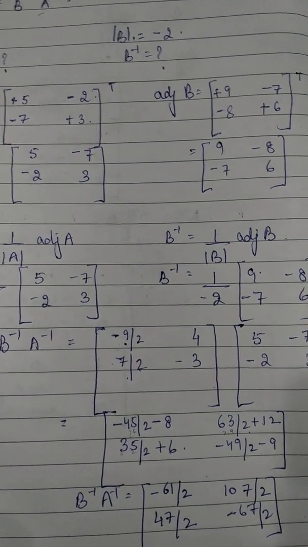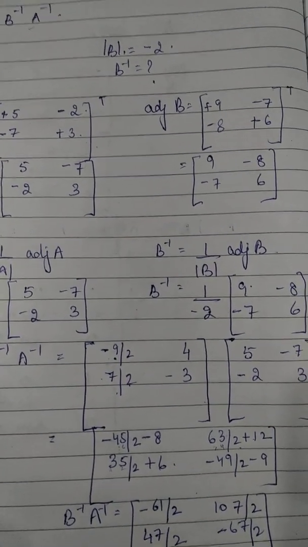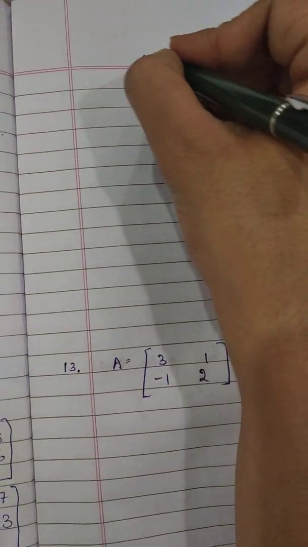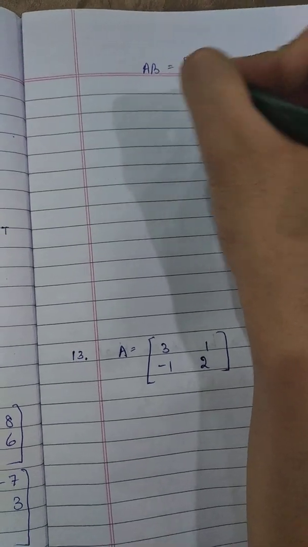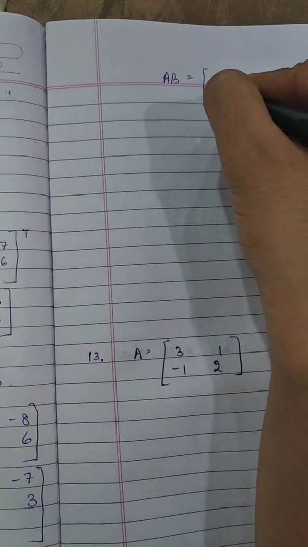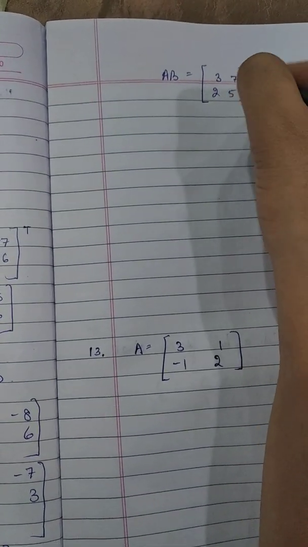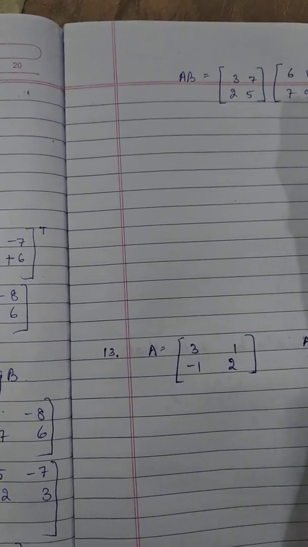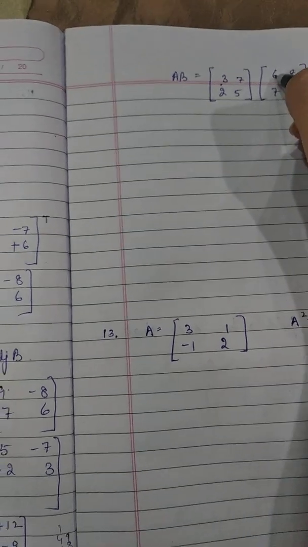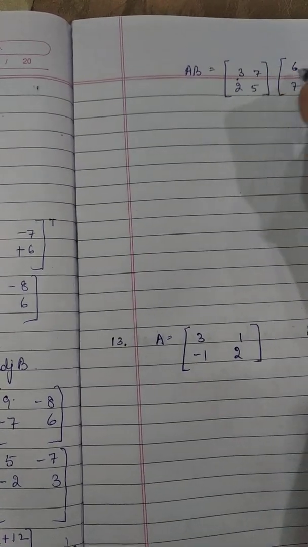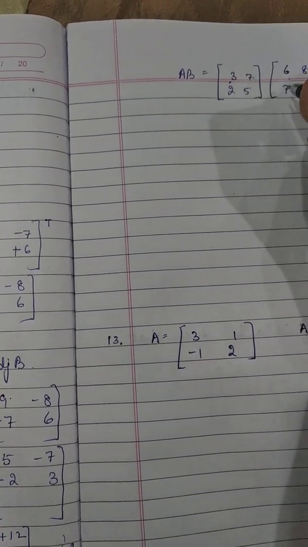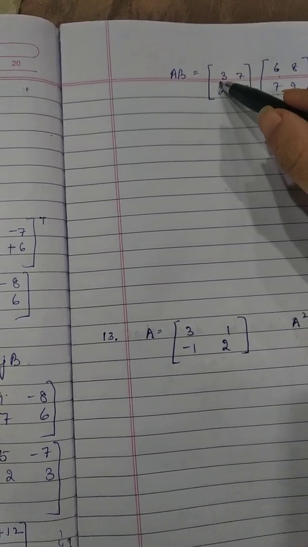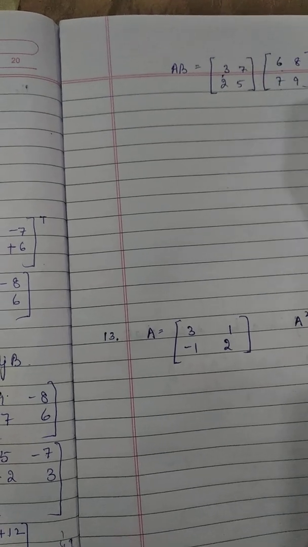Next we'll be finding AB inverse. For that we need to know AB. A is 3, 7, 2, 5, and B is 6, 8, 7, 9. So AB would be 3 times 6, that's 18, plus 49. We have 18 plus 49. This is 24 plus 63.